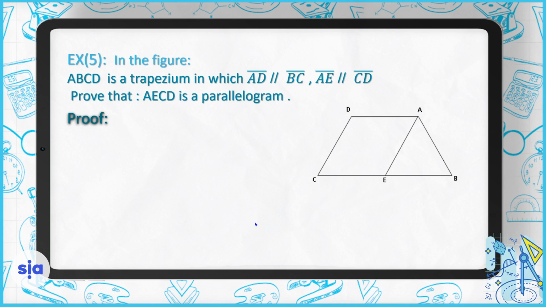Exercise number 5. The question says that ABCD is a trapezium in which AD is parallel to BC and AE is parallel to CD. The question wants me to prove that AECD is a parallelogram. As you can see here, since AD is parallel to BC and since AE is parallel to CD, therefore AD is parallel to CE.